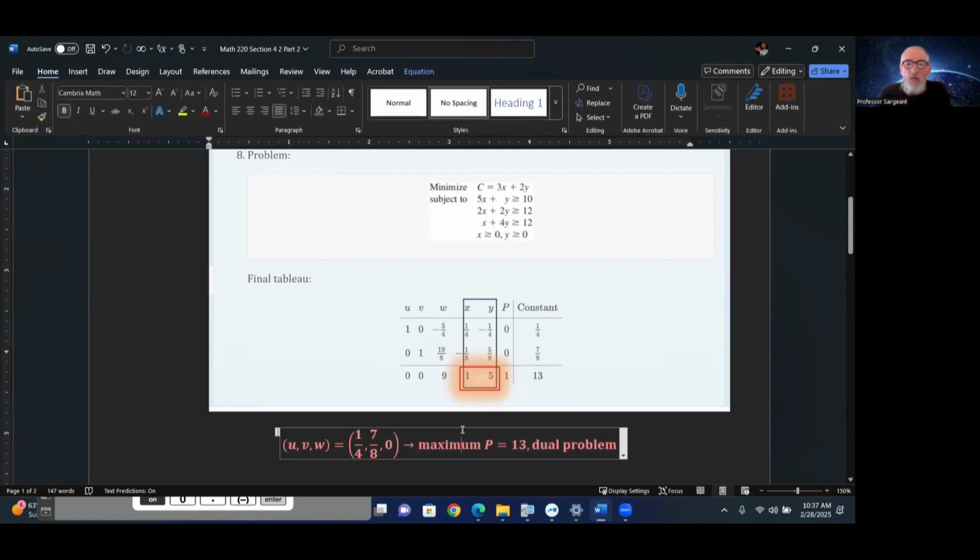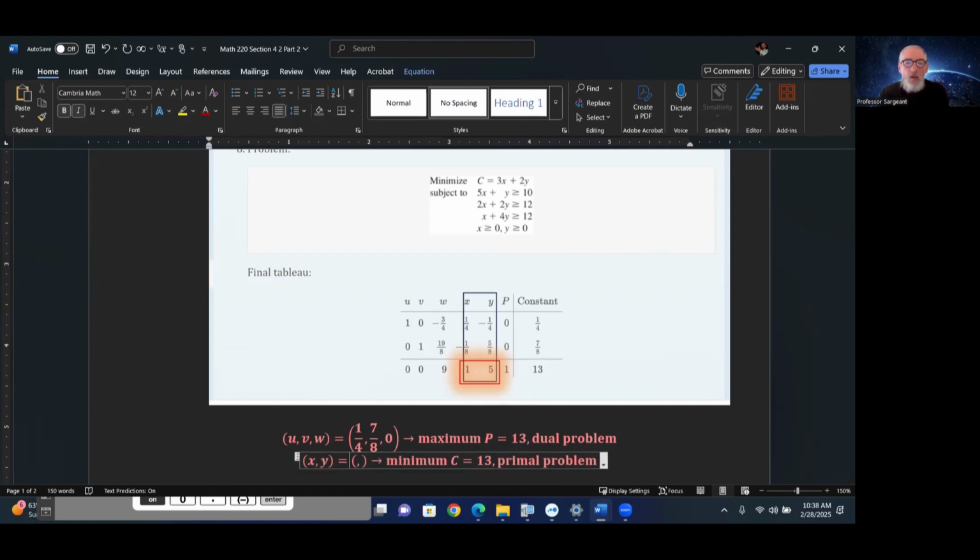Underneath the X, we see a 1. Underneath the Y, we see a 5. And that same value of 13, that's going to be our minimum for the primal problem. So again, X is 1, Y is 5, and C is 13.